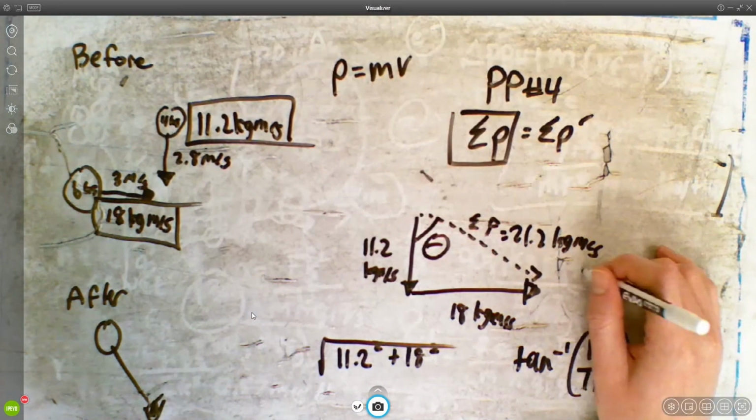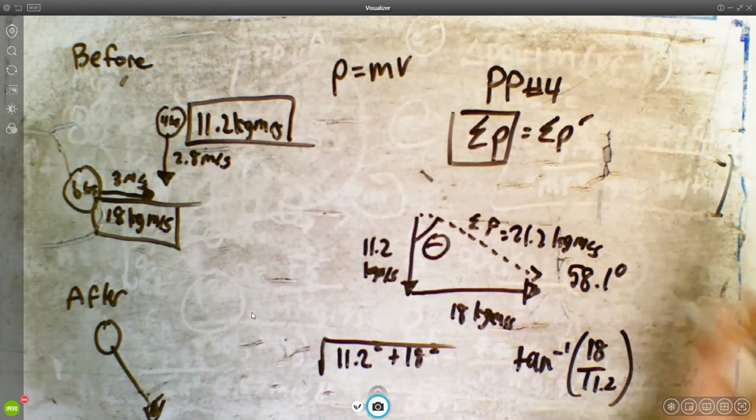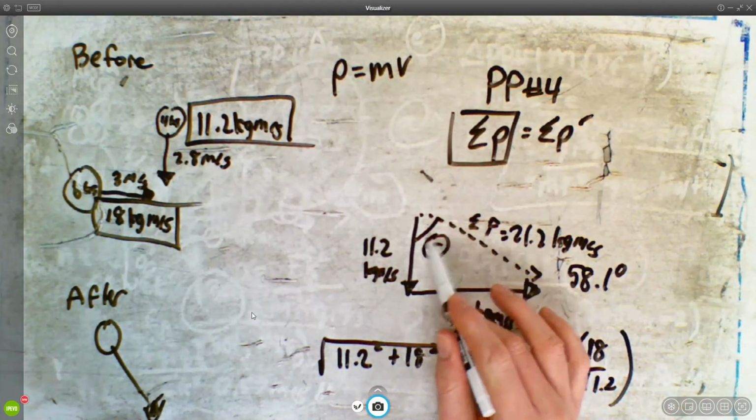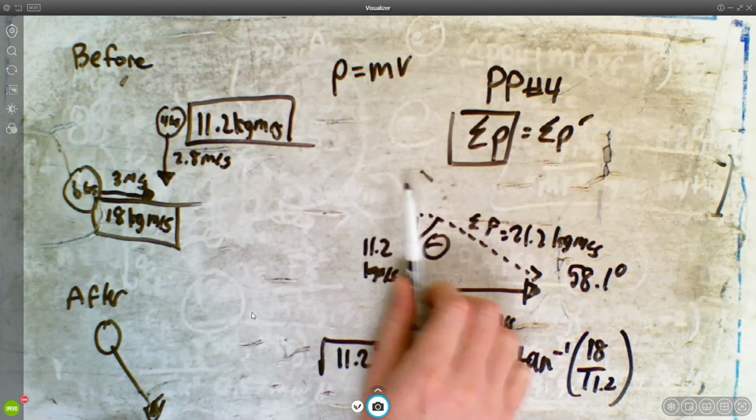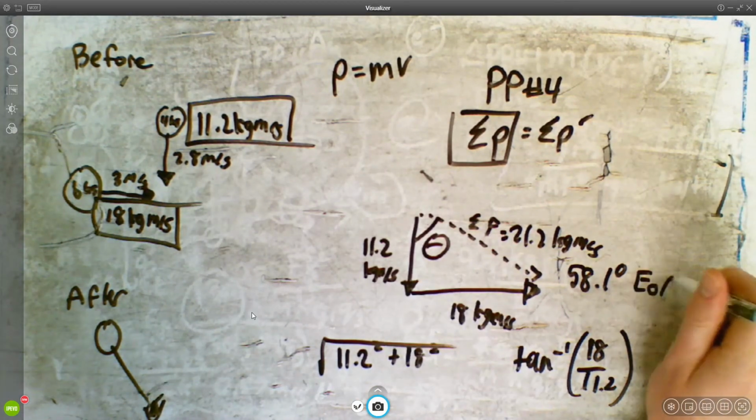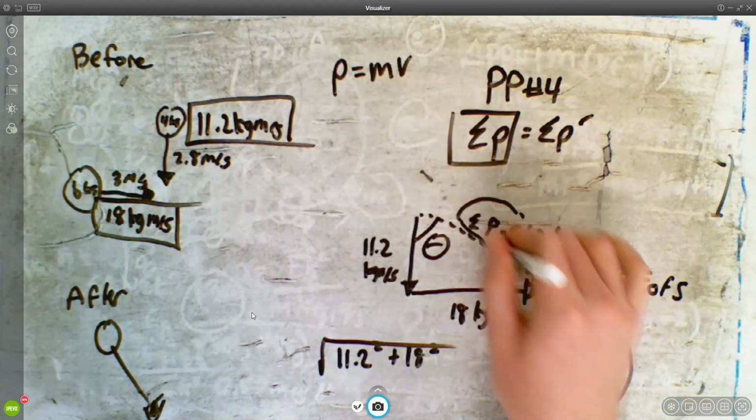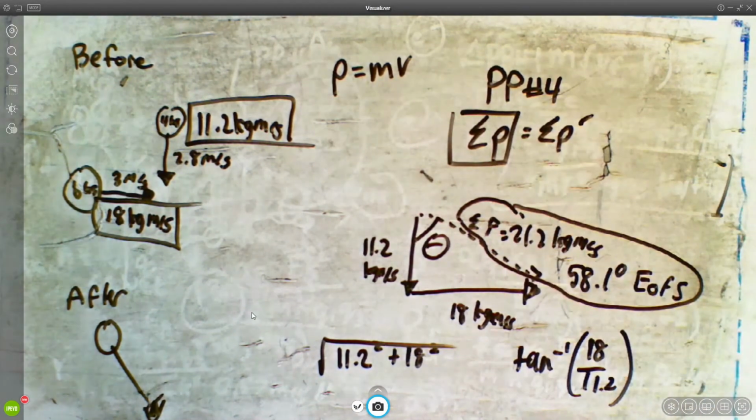So this is 58.1 degrees. And that's going to be, I'm not going directly south, I'm going east of south. So this is my momentum before, right? This arrow here represents my momentum after.